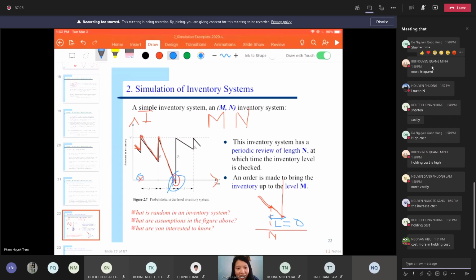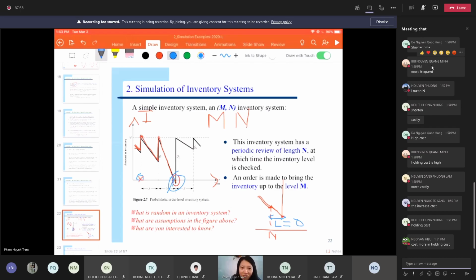And this is in the context that the demand of the customer is random and the lead time is random, right? So we will simulate an inventory system and try to answer what is a good policy that we should follow for a given data history that we collect.